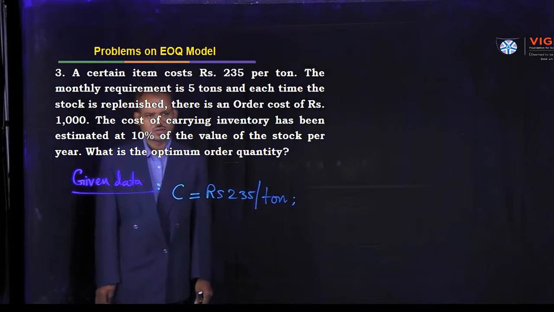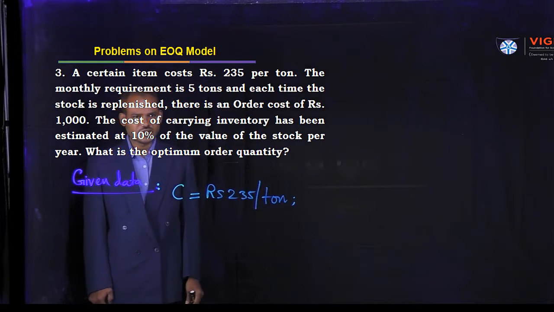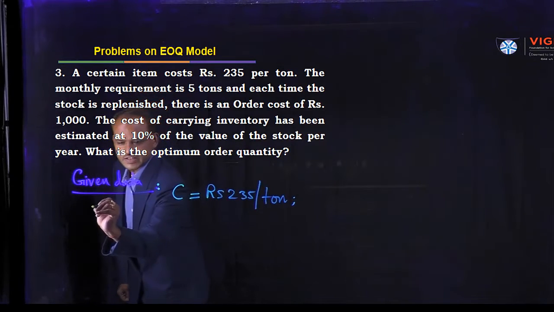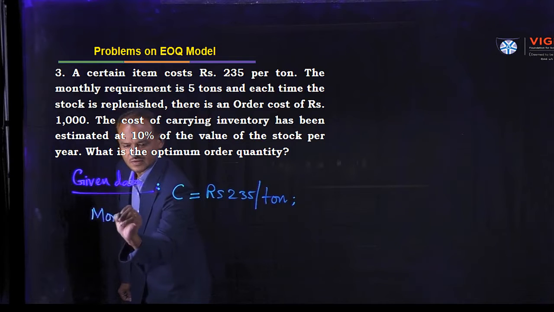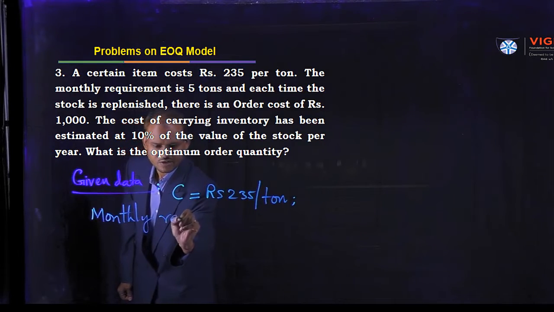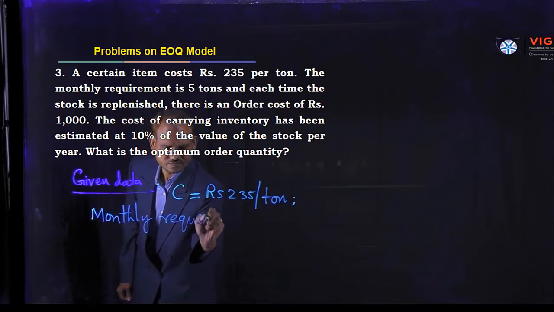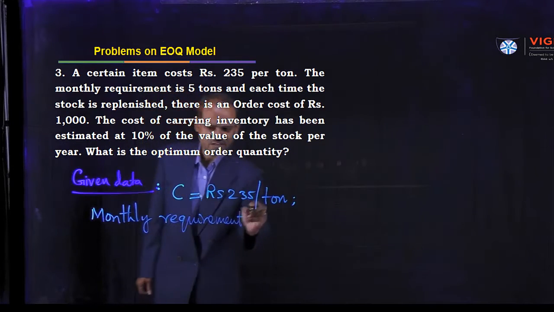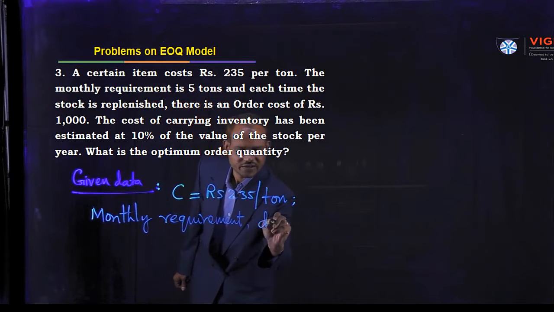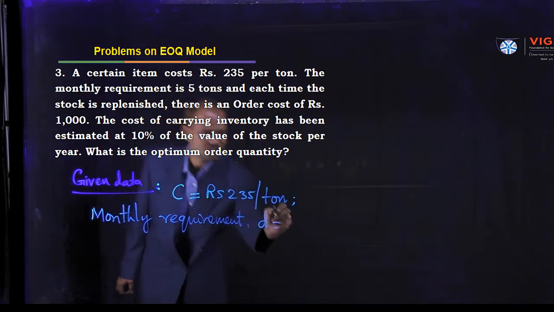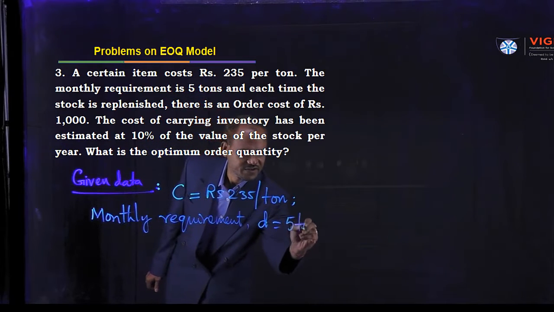Next, the monthly requirement is 5 tons. Monthly requirement or monthly demand. Let us assume small d, monthly requirement. Small d is equal to 5 tons.